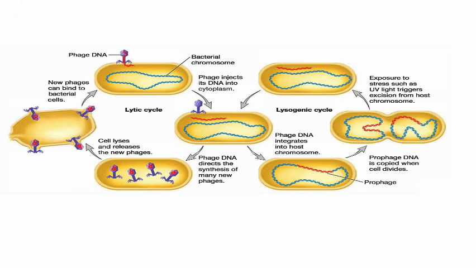Now, this diagram shows you the lytic and lysogenic pathways or cycles undergone by bacteriophages. In the lytic cycle, the phages attach to and incorporate their DNA into the bacterial cell, and this DNA then directs the host machinery to produce more phage DNA and protein coat, which will then be reassembled into new phage particles.